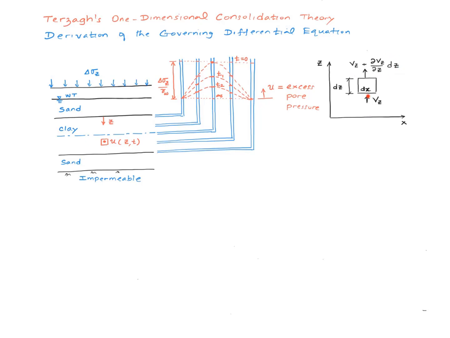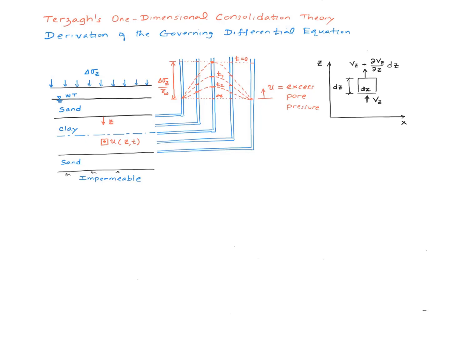So a certain amount of water goes in, certain amount of water comes out. And if you recall, in the two-dimensional steady state seepage analysis, we equated the two. Q in was equal to Q out, right? And that's not going to be the case here.